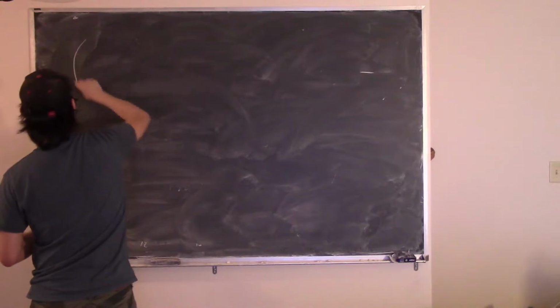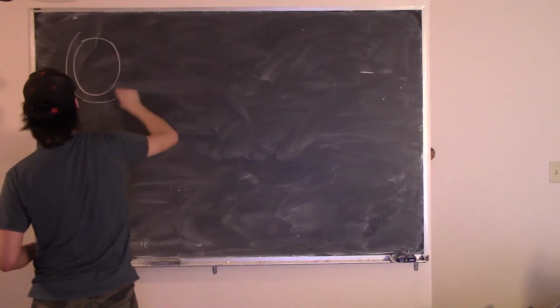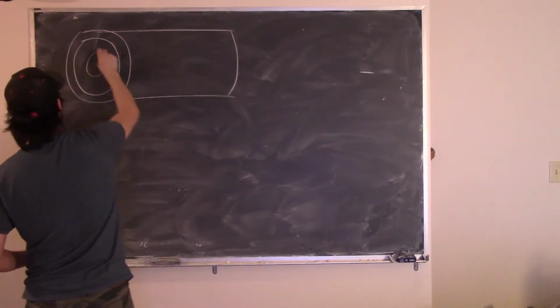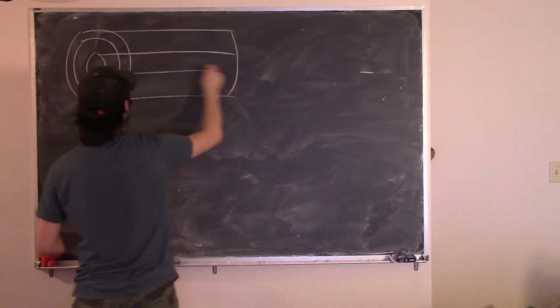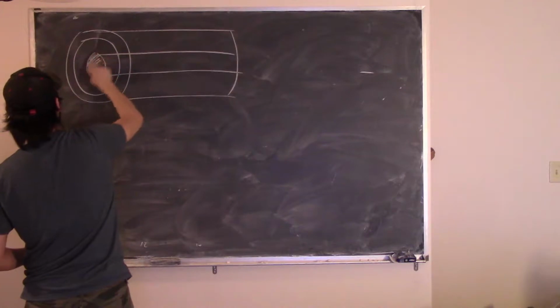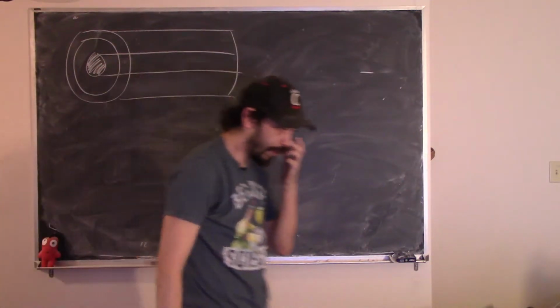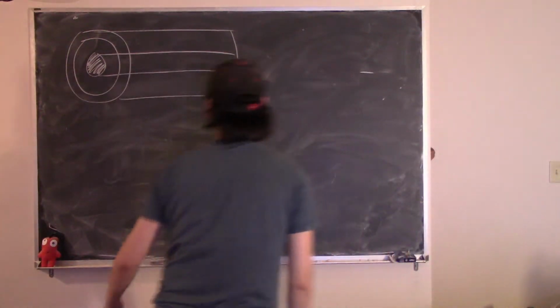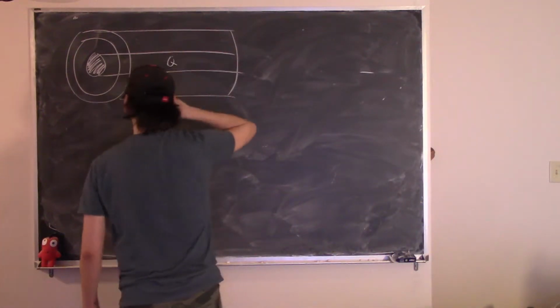So instead, with this one, you have some insulating solid piece in the middle, where this has some charge Q that's uniformly spread on it.